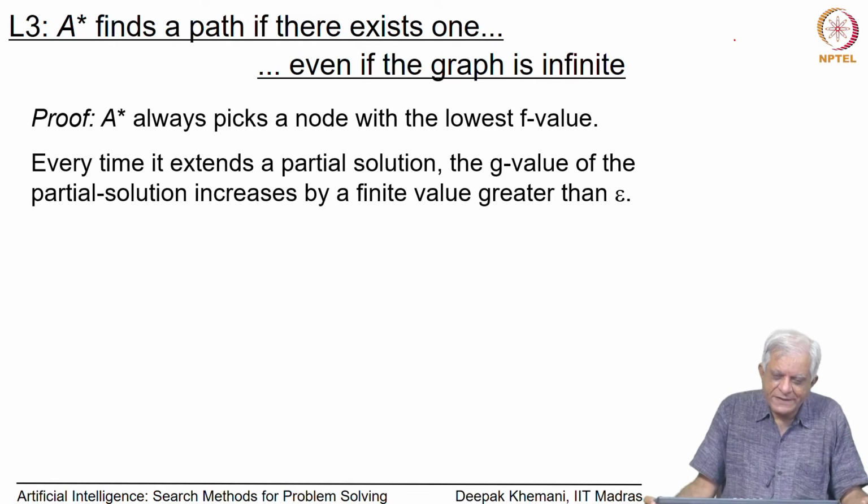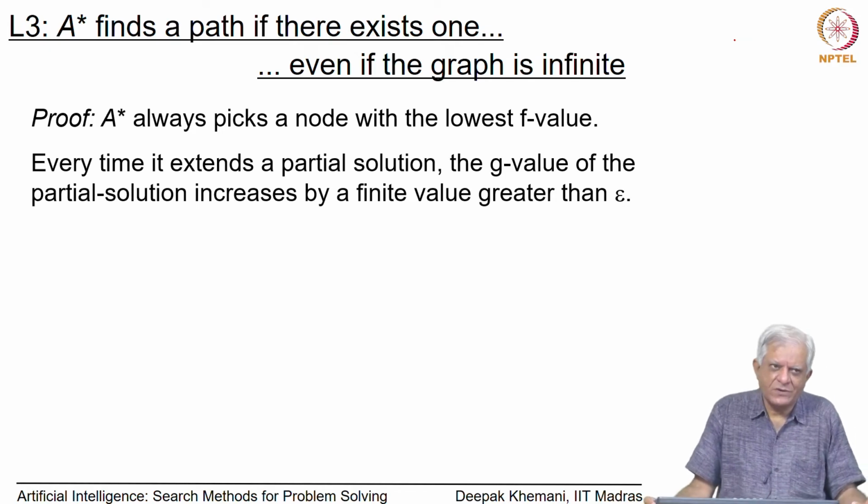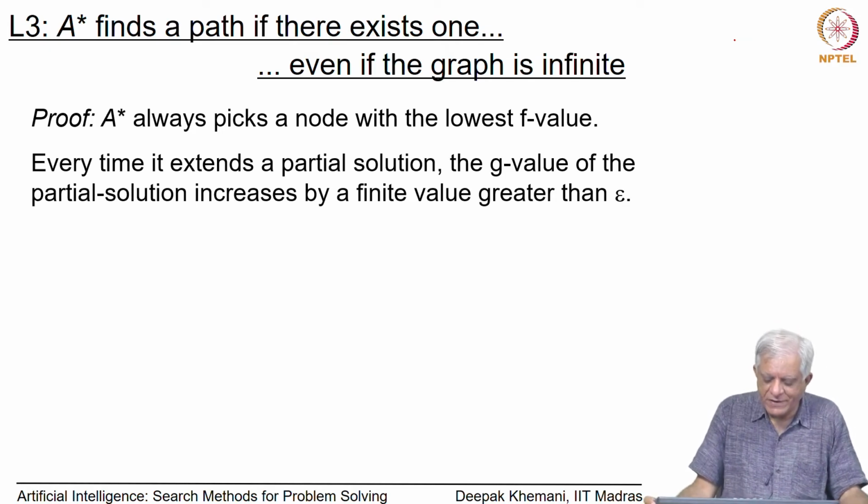Now, every time it extends a partial solution, which is when it adds new neighbors of the node it has picked, the g value of the partial solution increases by a finite value greater than or equal to epsilon. We have said that epsilon is a lower bound on the edge cost. So, the g value of all the new nodes will be the g value of the old node or the parent plus at least epsilon essentially.